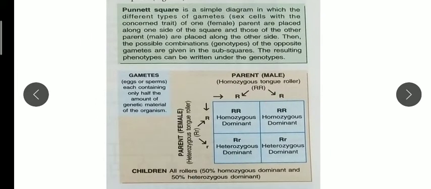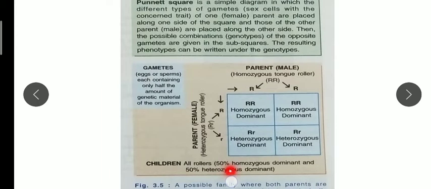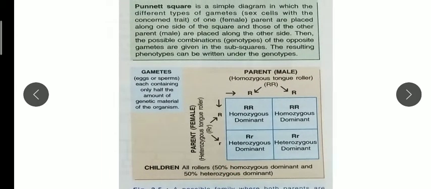Now when we crisscross, we get 50% homozygous dominant and 50% heterozygous dominant. You can see the homozygous dominant RR, so it is 50%, and the other lower two have heterozygous dominance.